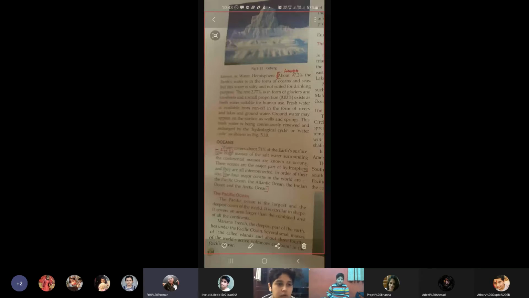So basically there are four major oceans, but since in the new book they are saying five, the Southern Ocean is nothing but the mixture of these three oceans, the Pacific, Atlantic, and Indian Oceans. And the Southern Ocean lies very close to where Antarctica is. Okay. Did you get it? Did you all understand? Let me tell you once again.